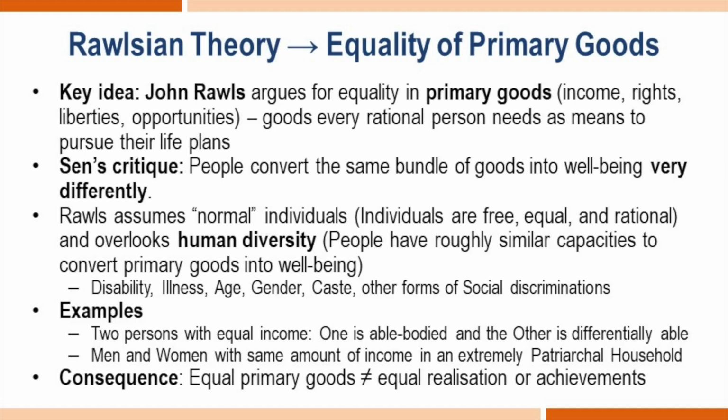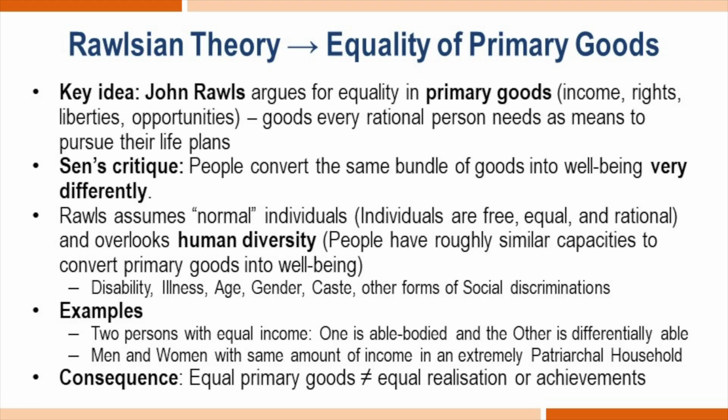By primary goods, it means everything: income, rights, liberties, opportunities, everything that a rational person needs as a means to pursue their life with dignity and comfort.